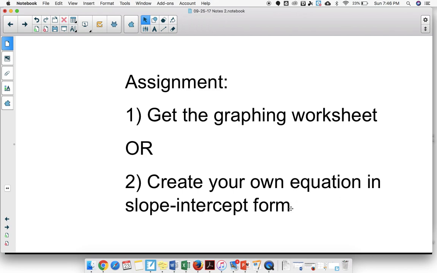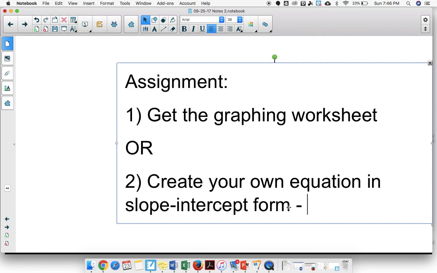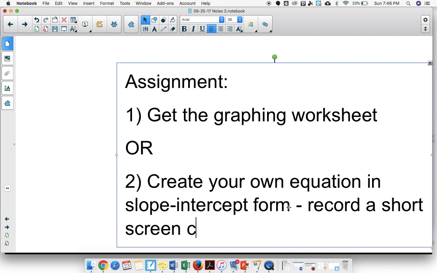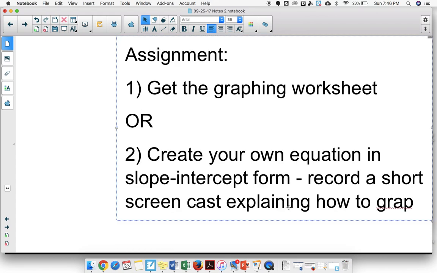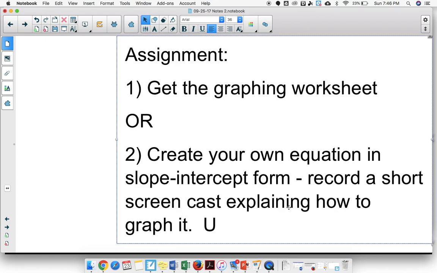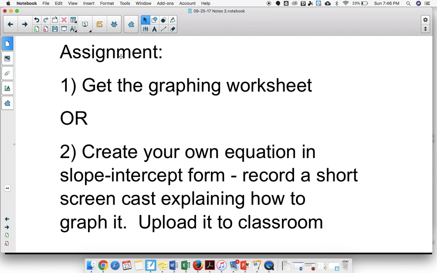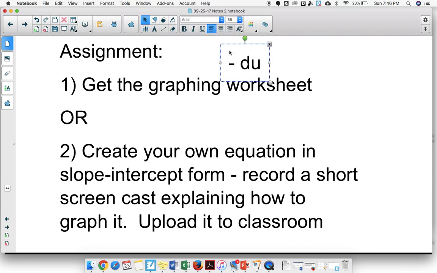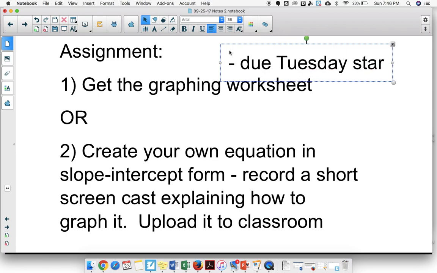And what you're going to do is record a short screencast explaining how to graph it, and then upload it to Classroom. Okay? Whichever option you choose, these are due for class time Tuesday. I'll put due Tuesday, start of class.